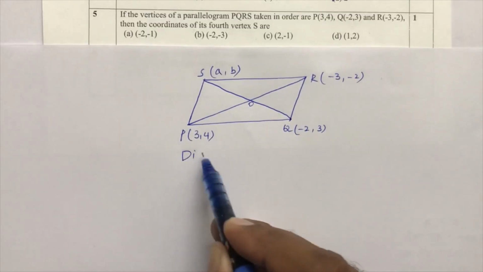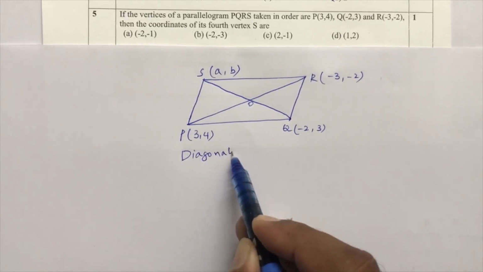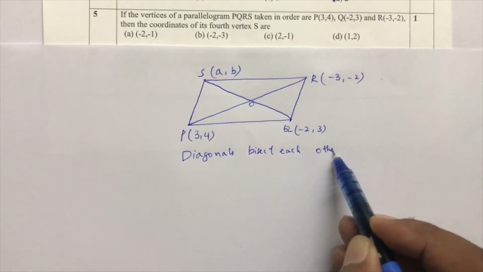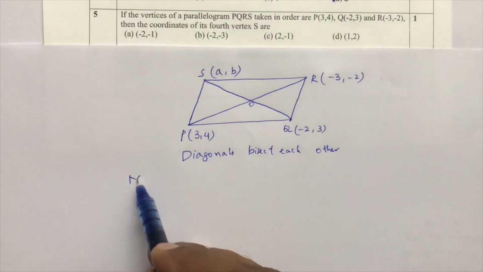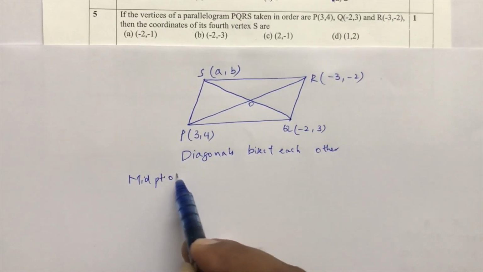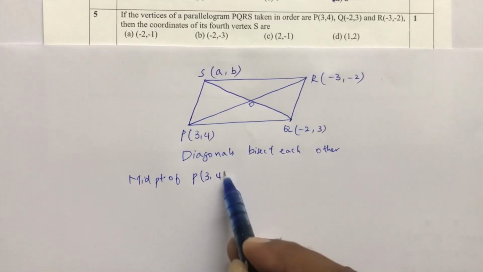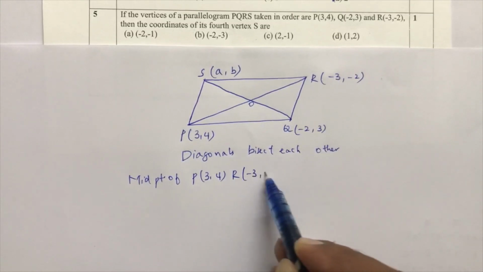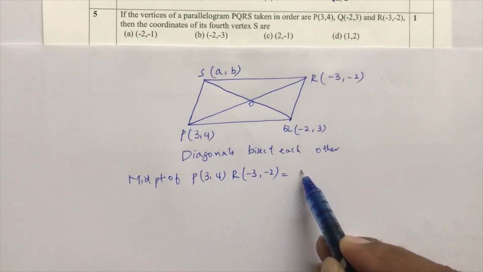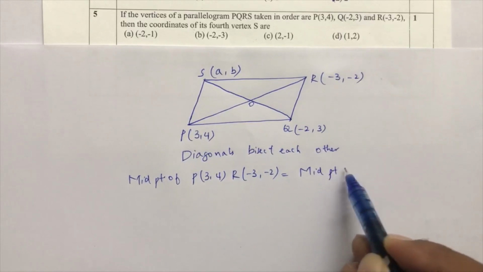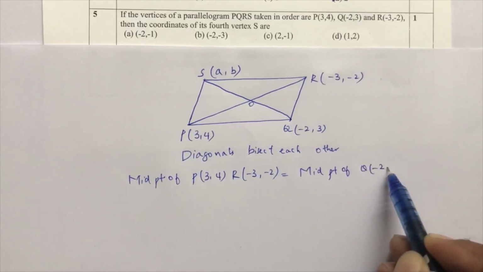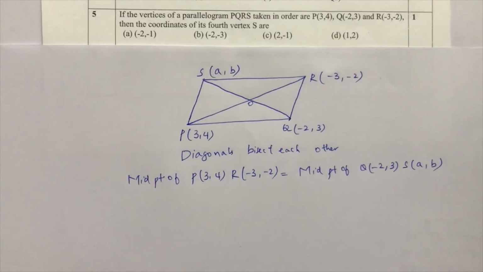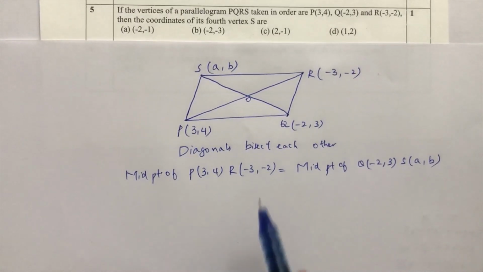As the diagonals bisect each other, midpoint of PR, diagonal is PR, that is 3, 4 and minus 3, minus 2, is equal to midpoint of Q, minus 2, 3, and S, which I consider as A, B.